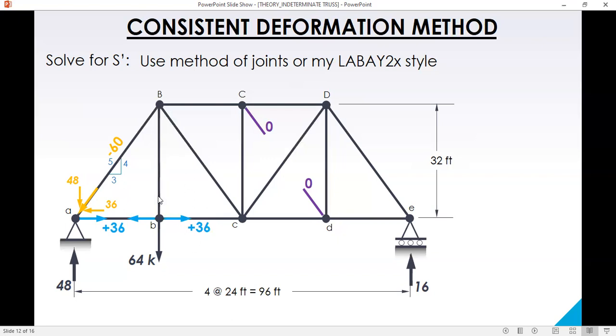And for this vertical member, this will balance 64. 64 kips downward will be balanced by 64 kips upward. Positive, tension. After this, analyze capital B. Labay, transfer. And then this force transfer here. Labay.